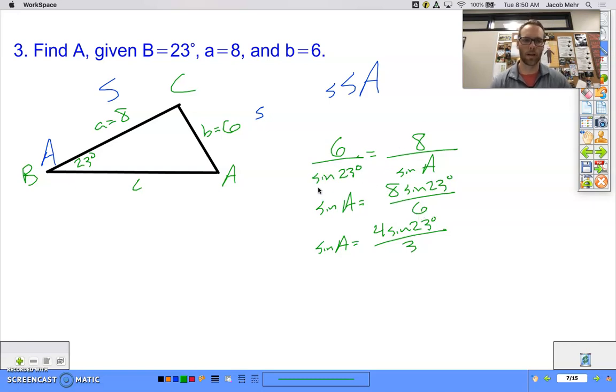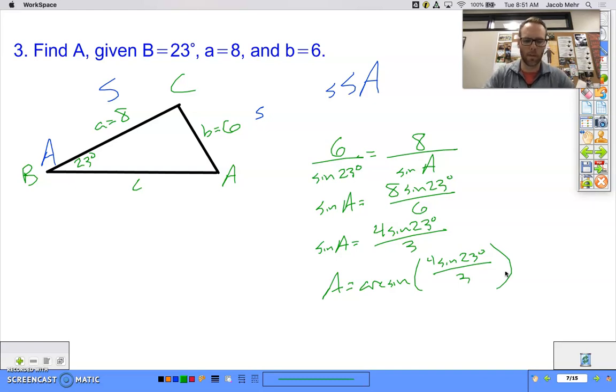Now, how do we solve this for A? Well, we have to take the arc sine of this to find A. The arc sine is the inverse, so it's going to remove that. A equals the arc sine of 4 times the sine of 23 degrees over 3.